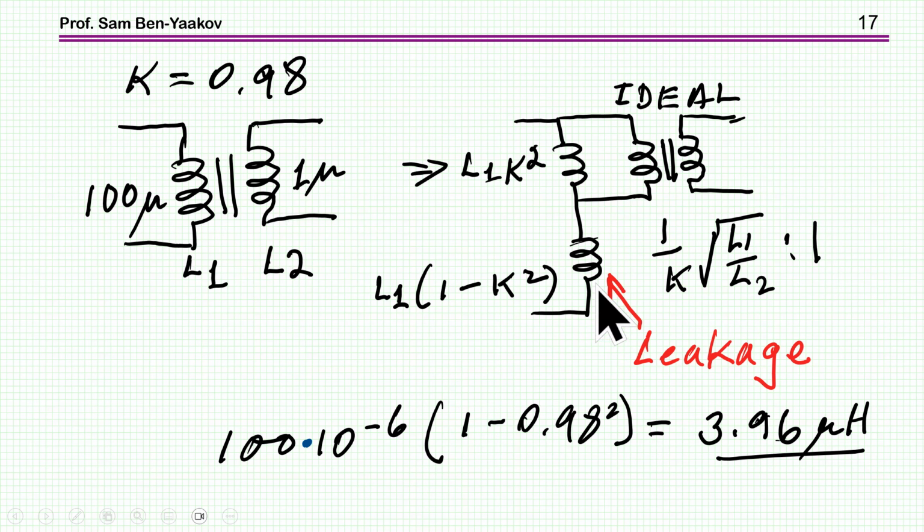Now, the value of this leakage, which we are talking about, turns out to be L1, the total inductance, times 1 minus k squared. And lo and behold, it comes out to be 3.96. So there's a very good matching between the leakage calculated from the observation and measurement and what I'd expect from the fact that the coupling coefficient is 0.98.